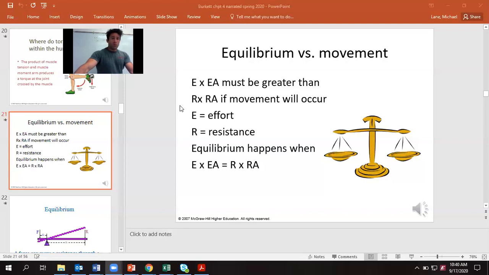Well, we have the gravitational effect, which we factored in, but what's the other weight that we're having to overcome? Exactly, Zach, the weight of the arm itself.